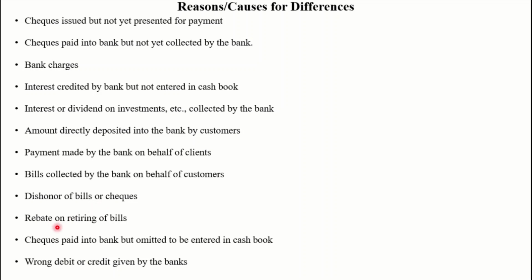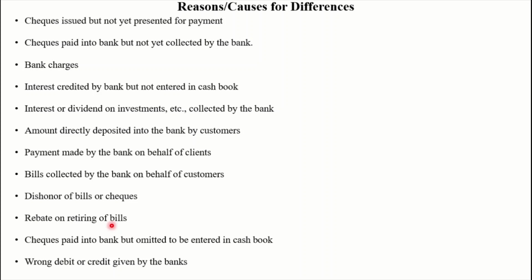Another is rebate on retiring of bills. When the businessman makes payment of his bill payable through the bank or to the bank before maturity, he is allowed a rebate on such payment by the bank. The bank credits the businessman's account with this rebate.